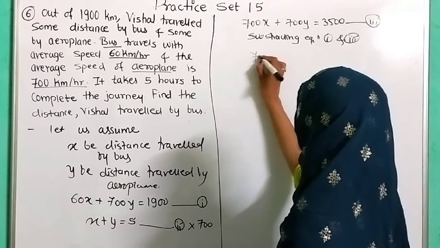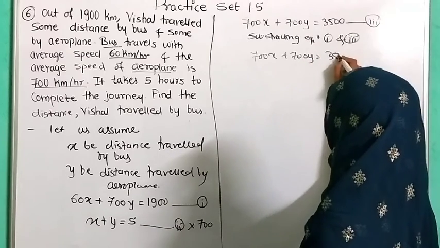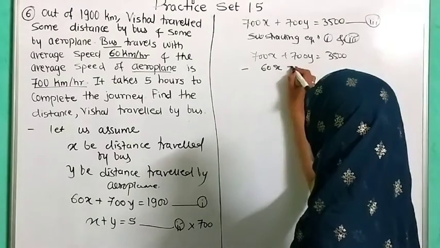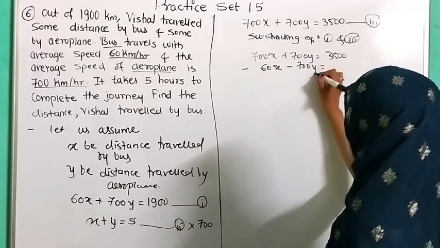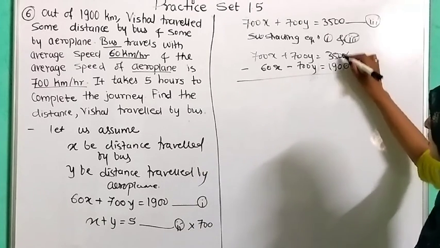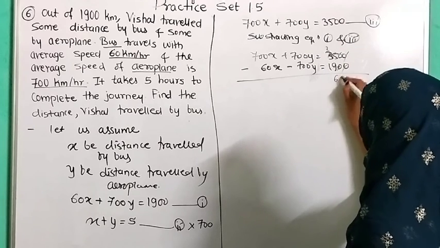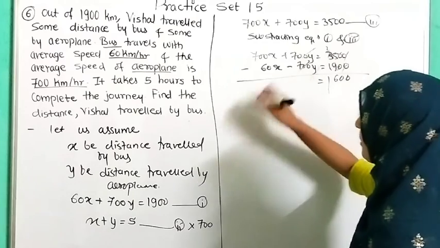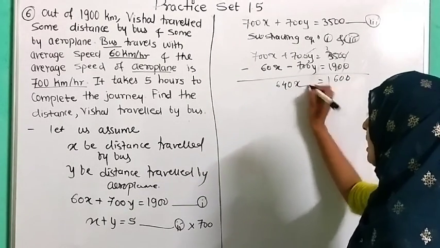So 700x plus 700y is equal to 3500 minus 60x plus 700y is equal to 1900. 1600, this term gets eliminated, and 640x.